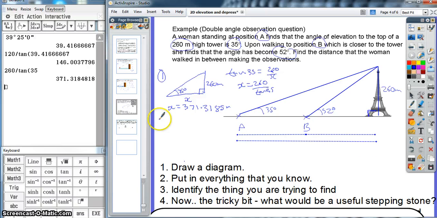Now let's do the shorter one. So this is this triangle here, and it's still 260 meters high. It's now 52 degrees. We're going to work this out again. So this time it's the same sort of problem.